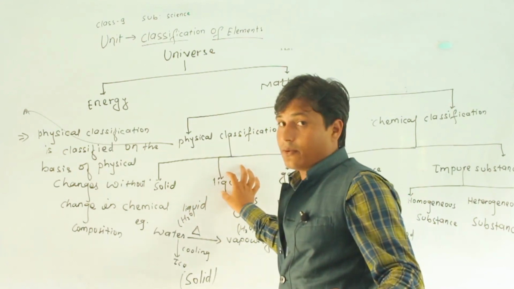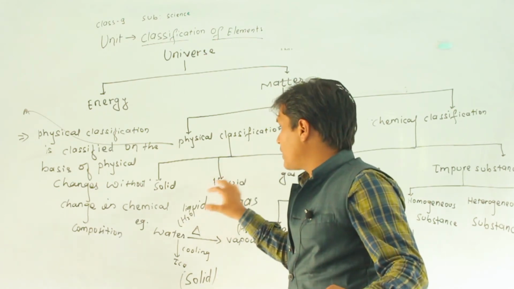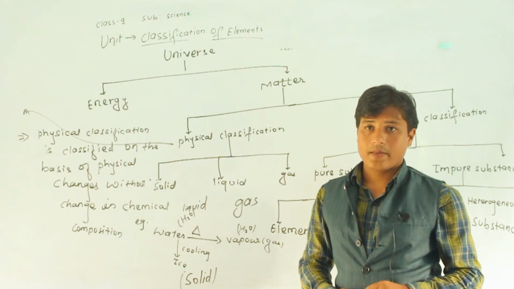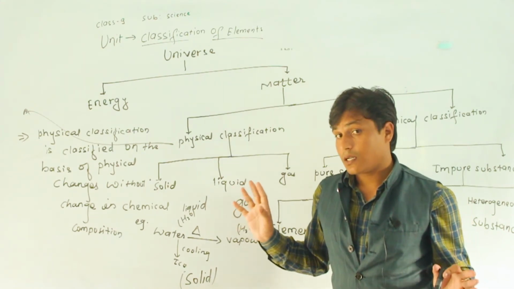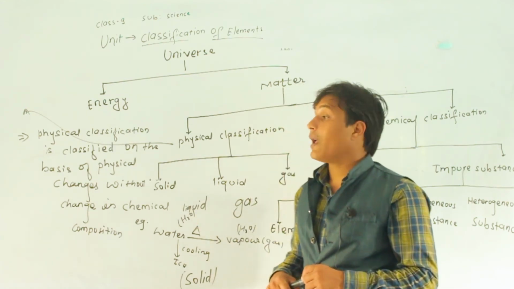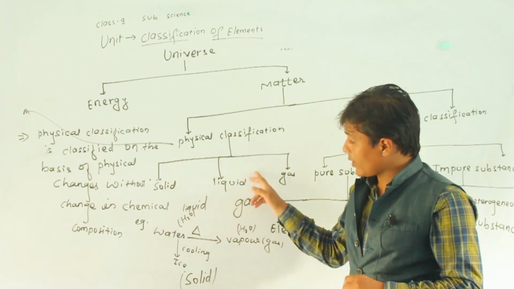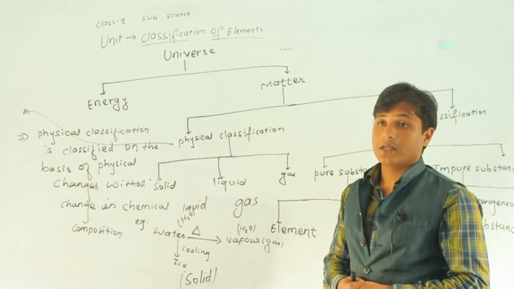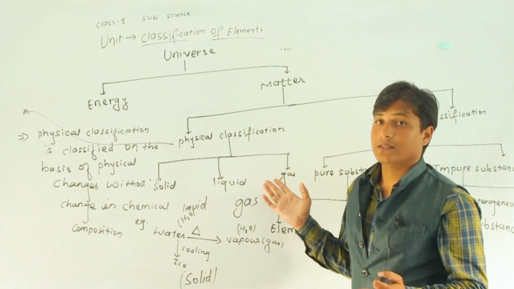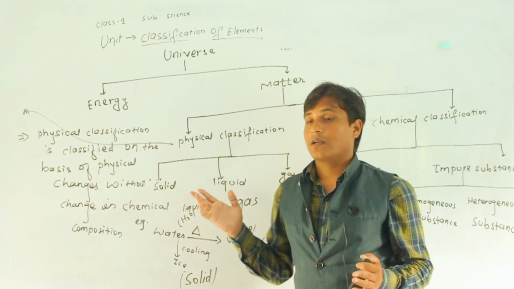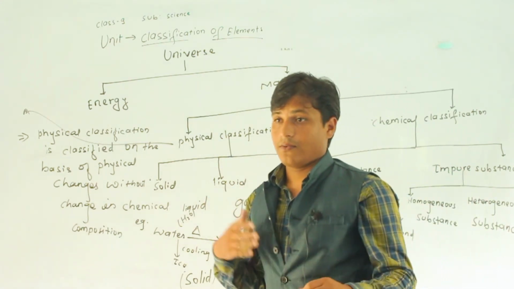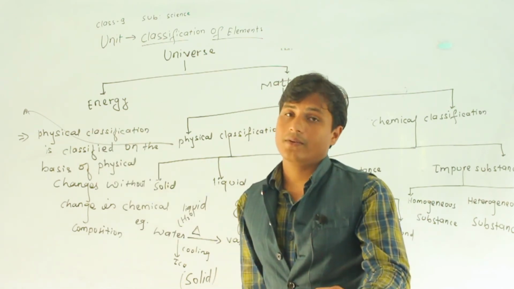Likewise, liquid can flow from one level to another level. Its volume is the same as the container where it is put, and its weight can be measured. And gas? Its volume is not fixed, and gas also can flow from one level to another level.